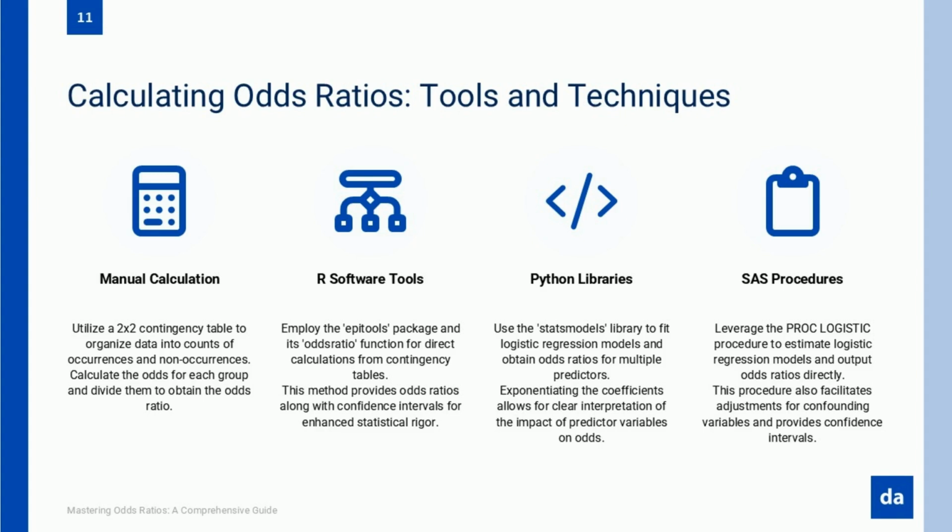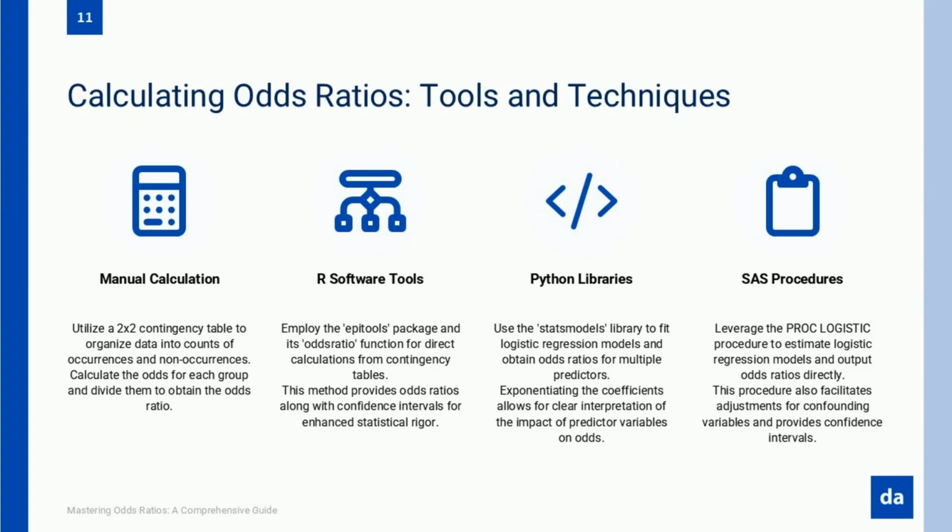One powerful technique that bridges the gap between statistical analysis and interpretation is the exponentiation of coefficients obtained from logistic regression. This method provides a straightforward way to interpret the impact of predictor variables on the odds of an outcome occurring.